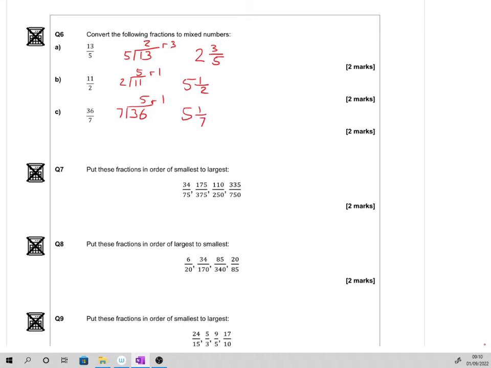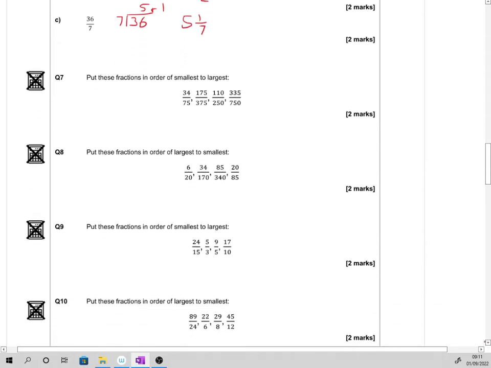Put these fractions in order from smallest to largest. Oh goodness gracious, let's come up a little bit. Lower than 75, 75. Can't use calculator either.